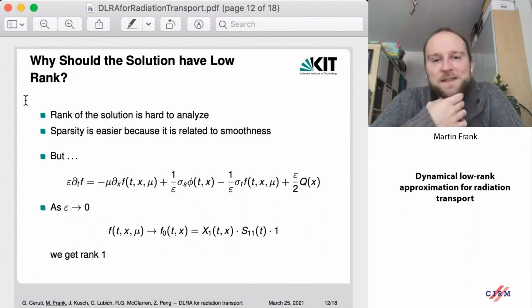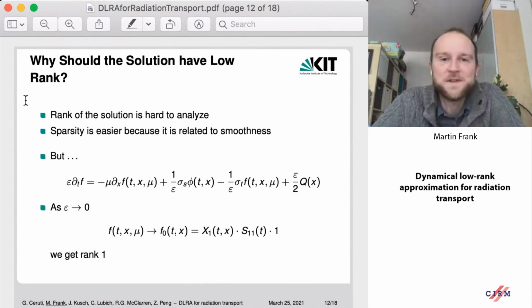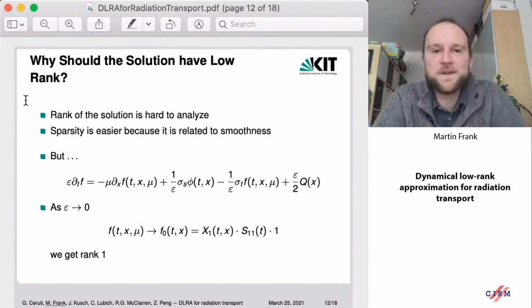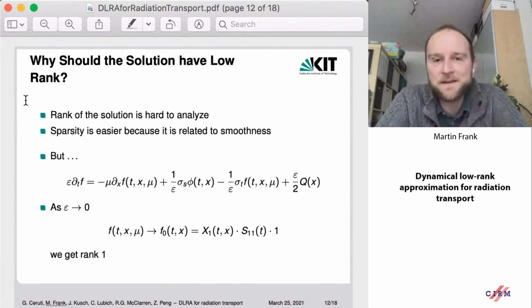If the solution is in a high Sobolev space, it means my coefficients of a Fourier expansion go to 0 fast, so I can set many of them to 0. But the notion of rank is something that's harder to grasp with the analytical tools that are out there. So in that sense, it's also interesting. How can I see on an analytical level if a solution to an equation has low rank?